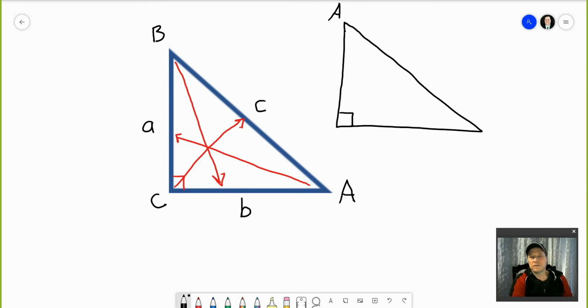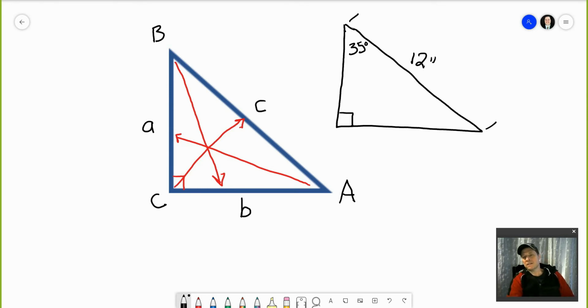We'll say that this angle is 35 degrees. And we'll say the hypotenuse is 12 inches long, from here to here.